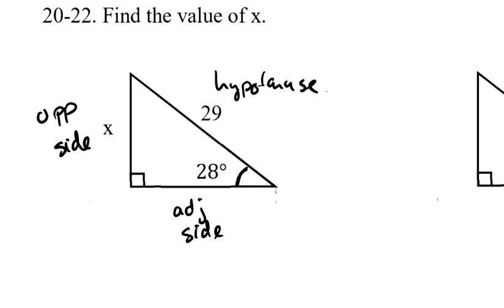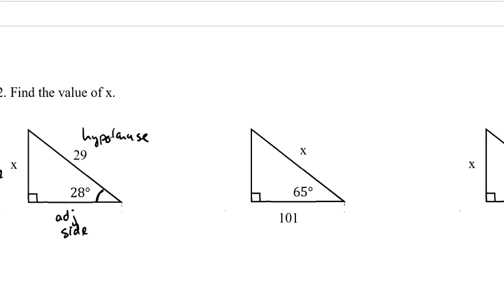And the three trig ratios that we've used, we know that the sine of one of the acute angles, theta, is equal to the opposite side or opposite leg divided by the hypotenuse.